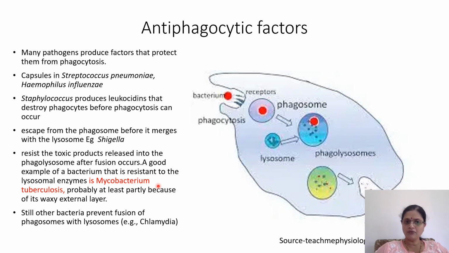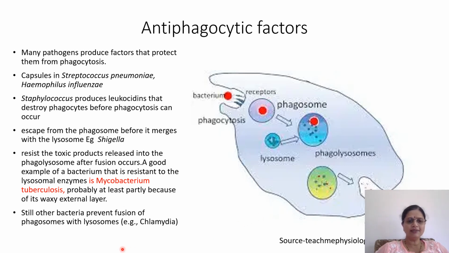If you see the cell wall of this Mycobacterium tuberculosis, it is mainly made up of mycolic acid, a lipid. And this mycolic acid makes it very, very resistant to all types of digestive enzymes present in the phagolysosome. So even in the phagolysosome, they can survive matra alla, they can be transported to other tissues also with the help of this phagocytic cell itself, that we will see in TB specifically. So just remember this, they can survive the phagolysosome enzymes.